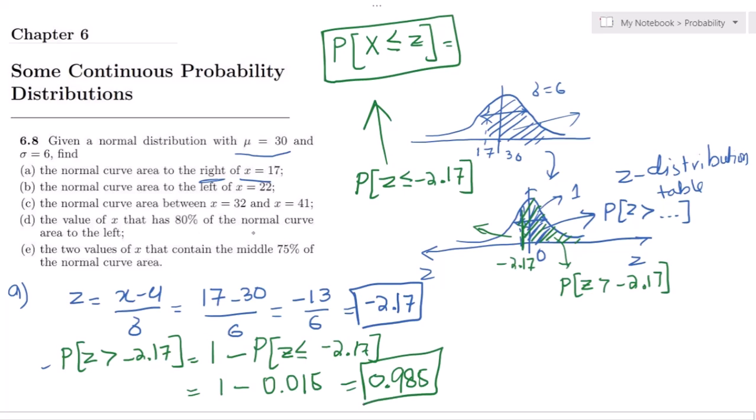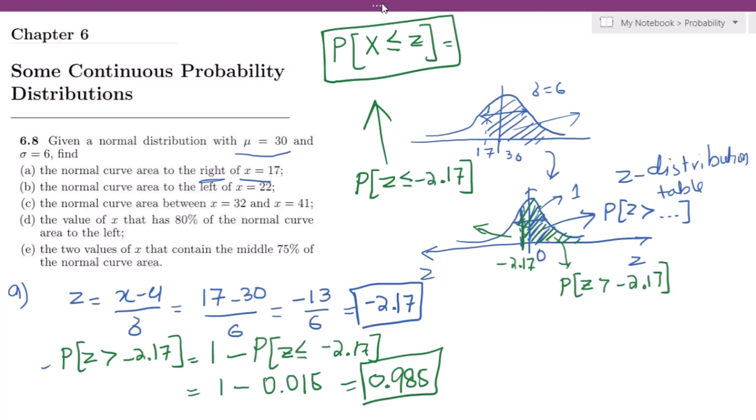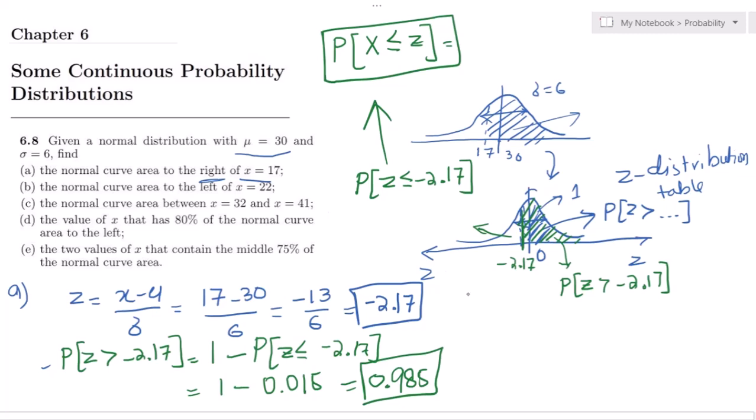So you have understood how to find the solution of part A. In part B, let me change the color and solve it here as well. In part B, we want the normal curve area to the left of x equal to 22. So let me have x equal to 22. First of all, let me convert it to z.